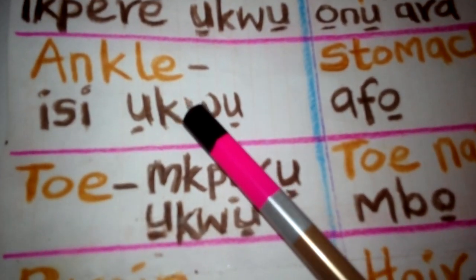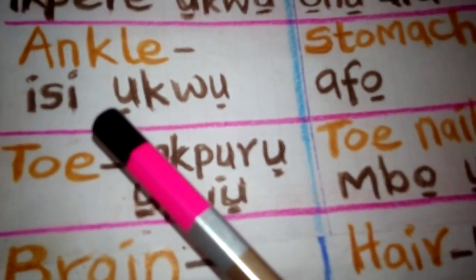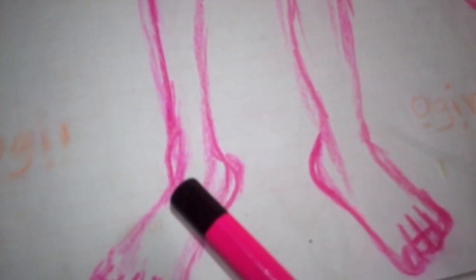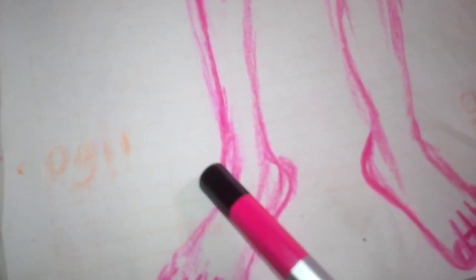Ankle, isi ukwu. Isi ukwu is this place, the bone here by the side of your foot, on top of your foot.